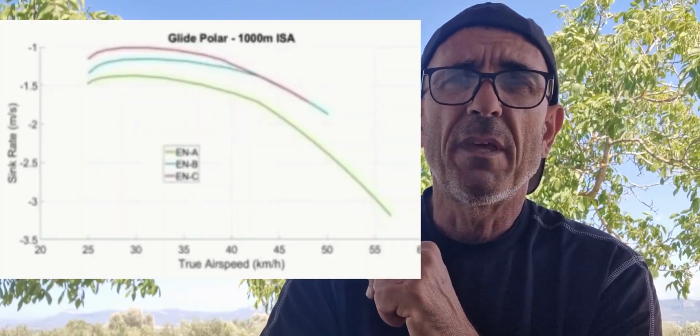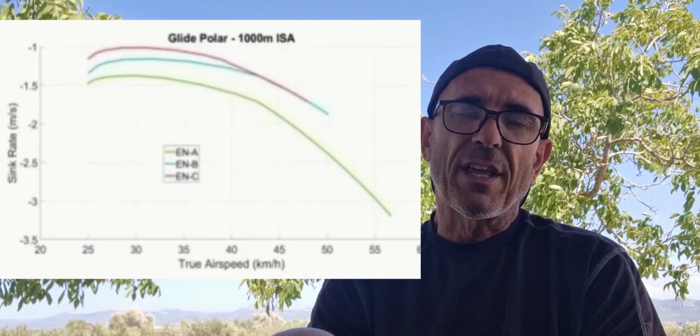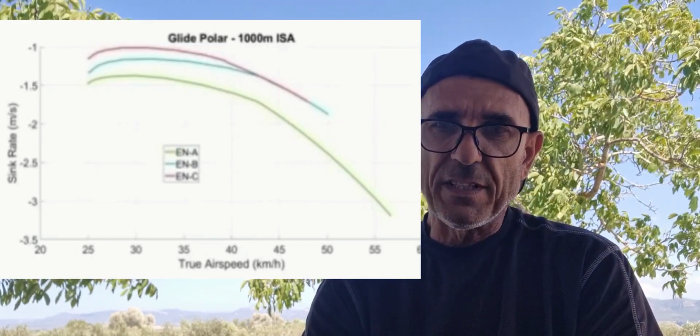physics, aerodynamics, complex. But we get to page number 12, where we find a couple of graphics that we should know what they mean: the glide ratio and the polar curve. We're going to focus on the polar curve, because polar curves talk about the sink rate at different speeds.